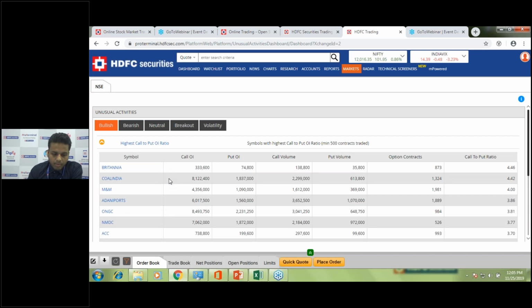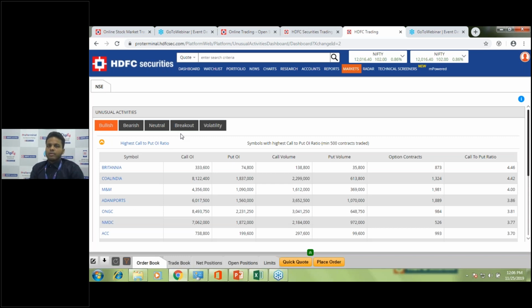You can see the below mentioned stocks have the highest call to put open interest ratio. And there is another criterion, that a minimum of 500 contracts should be traded. So you can see Britannia, Coal India, M&M, Adani Port, ONGC, NMDC, and ACC are the stocks which have given us the highest call to put open interest ratio.